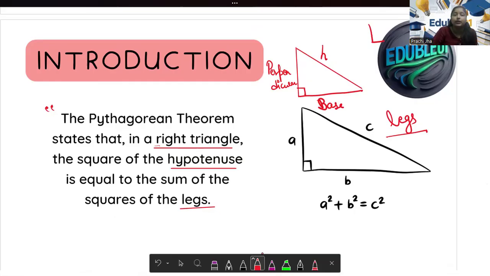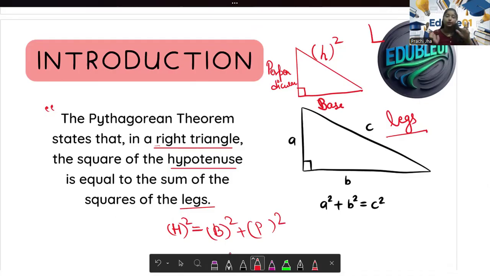Now, we have almost broken the theorem, just a few steps away. So in the right angle triangle, the square of the hypotenuse, that means this side's square, is equal to the sum of the squares of the legs. That means these are the two legs, the sum of their squares. That means the base square plus perpendicular square.